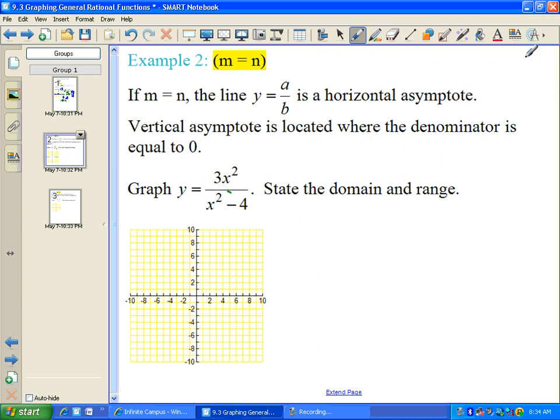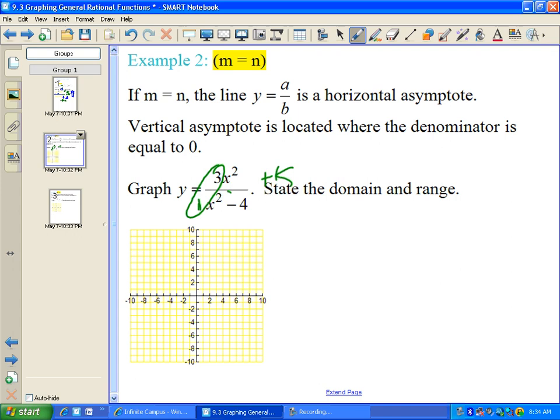So my vertical asymptote is located where the denominator is equal to 0. That never changes. My horizontal asymptote is, again, just like last night, this ratio of 3 over 1 plus or minus any shift that might be in there.